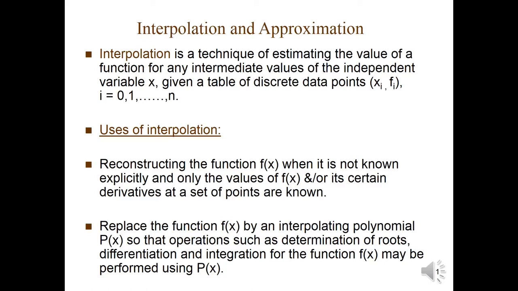Either we can directly find the value of f, or we can reconstruct the function f(x) in terms of x when it is not known explicitly, and only the values of f(x) and/or its certain derivatives at a set of points are known. So we can reconstruct the function and find the value of f(x) by putting the value of x in that function.